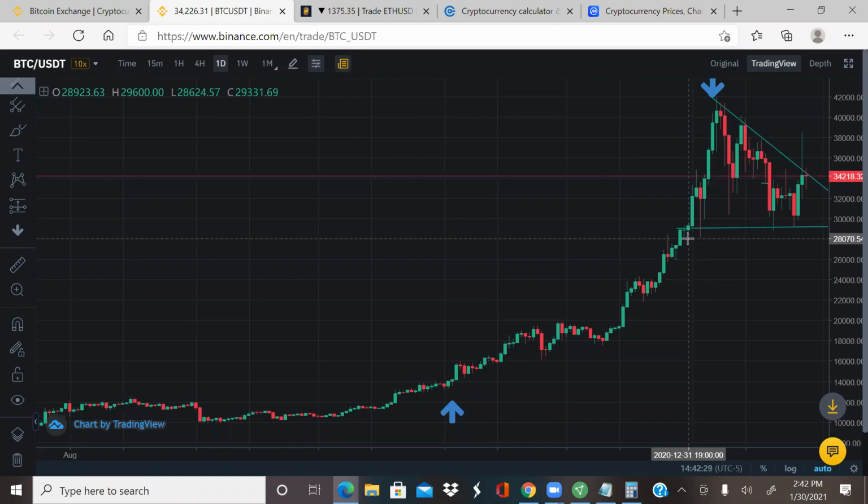For example, this year now, 2021, by September, October, you will be seeing the price dropping very rapidly, preparing for the next halving.